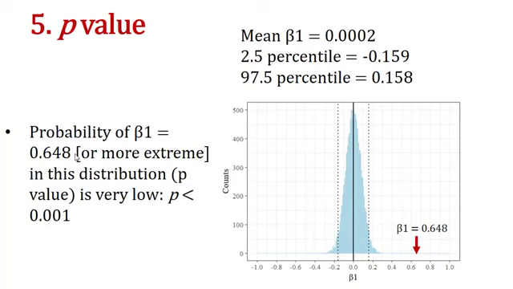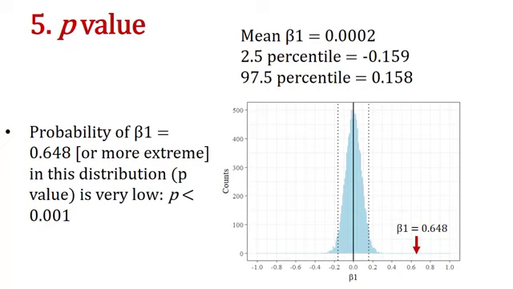So when we determine the p-value, we determine what's the probability of having this 0.648, which is the value we obtain in our sample. So this is the actual sample, not the sampling distributions that we did before.